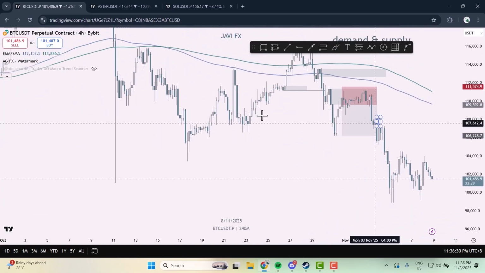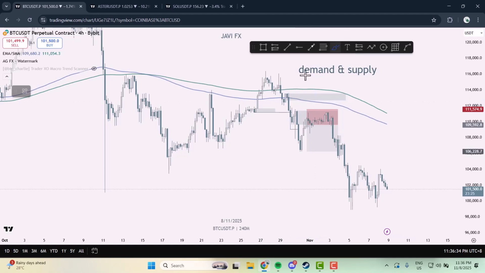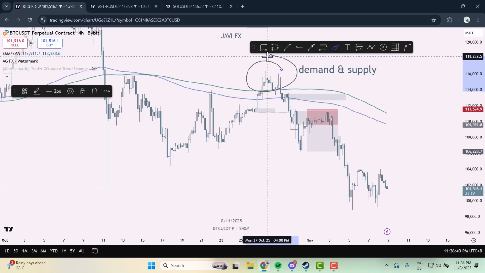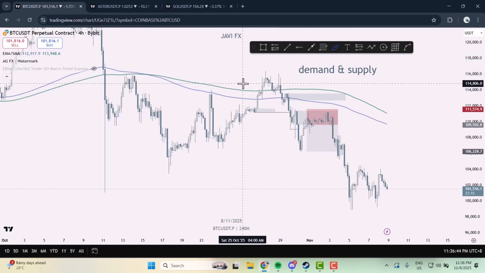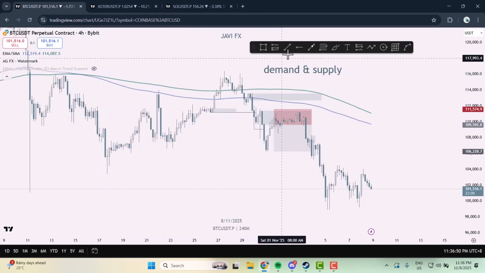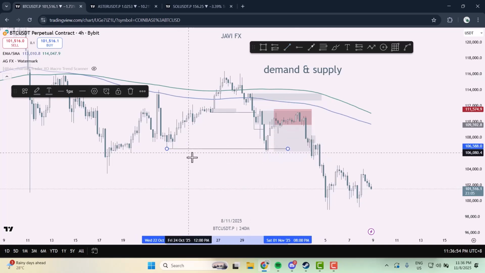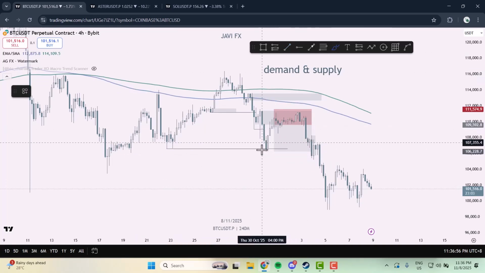Or, looking at the structure in general, we've broken this, we're creating lower lows, we've failed to create a higher high and higher low. Therefore, what are we going after next? Points of liquidity. What are points of liquidity here? This low is liquidity that got taken.